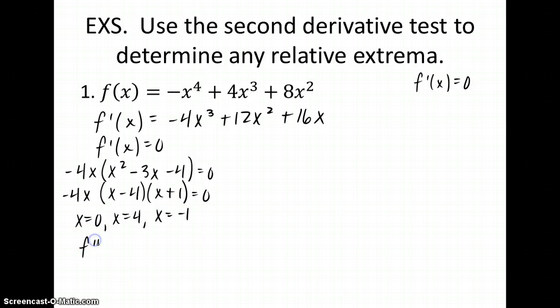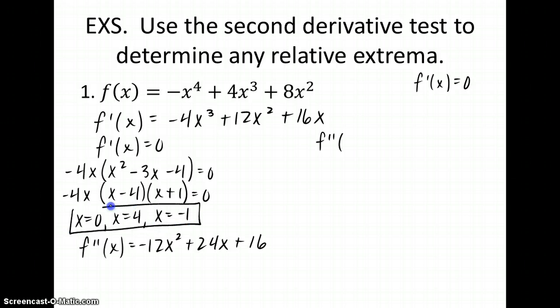Alright, now let's find the second derivative. Negative 12x squared plus 24x plus 16. Now what we do is replace these 3 numbers in the second derivative, because these 3 numbers are the values making the derivative equal to 0.